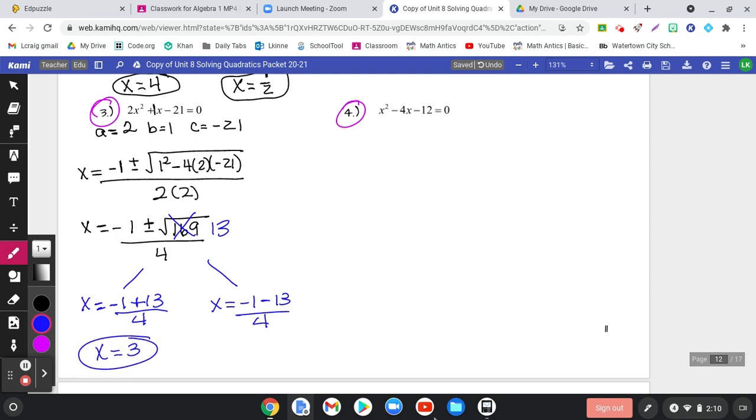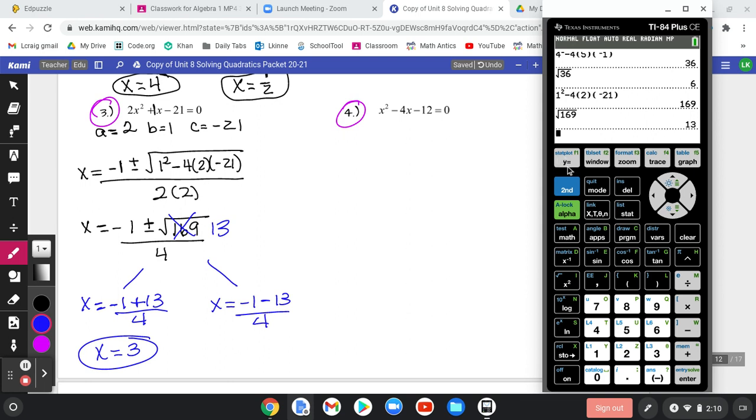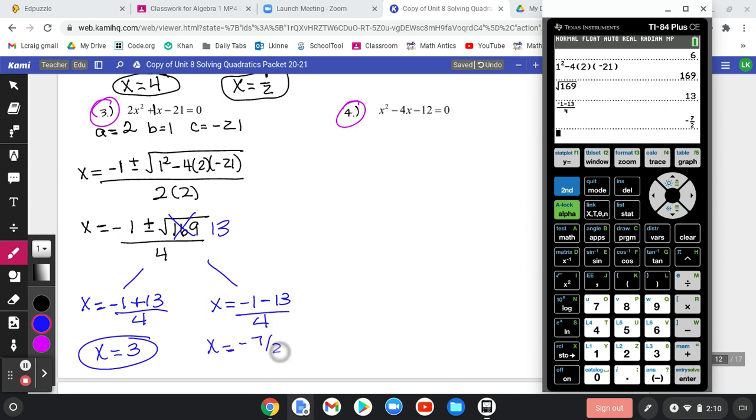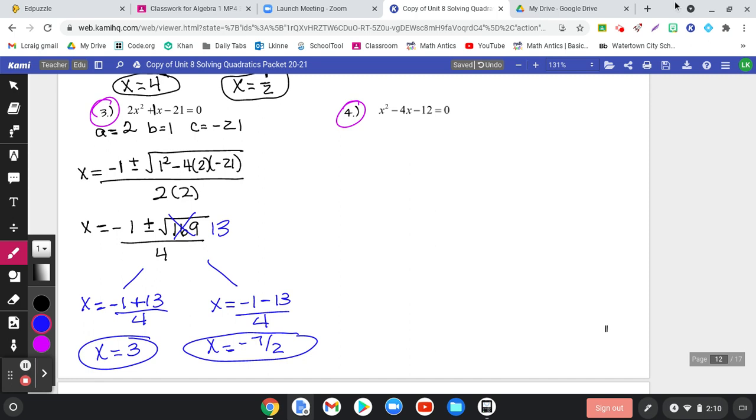This one's going to be negative 14 divided by 4, or again, just type it in. Alpha y equals, you should be getting used to using this calculator by now, negative 1 minus 13, all over 4. It'll simplify it for you, negative 7/2. If you divided, you probably got negative 3.5. Either one is fine.